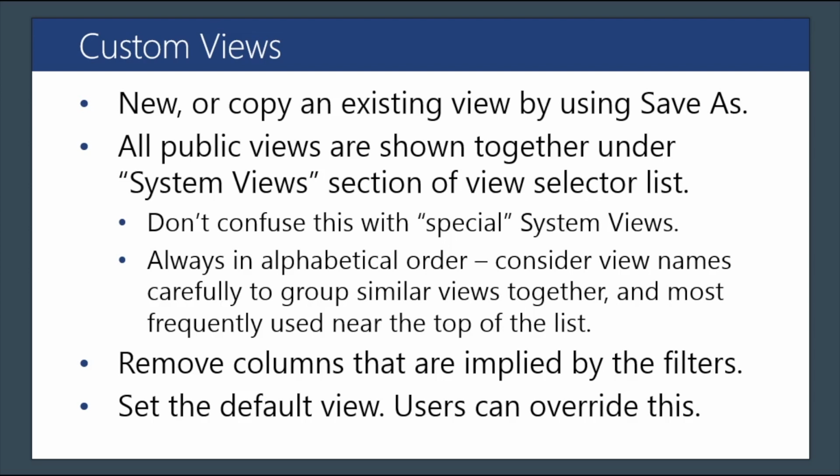I can go in and bring up the My Open Opportunities view, do a save as, and then change the criteria on that view from just the ones where I am the owner, current user, to I am the owner, and the modified on is older than 7 days. And then that way you can actually see a list of opportunities that you haven't interacted with in the last week, as an example.